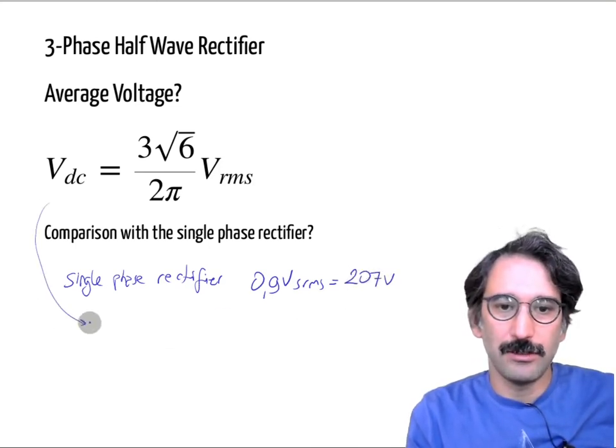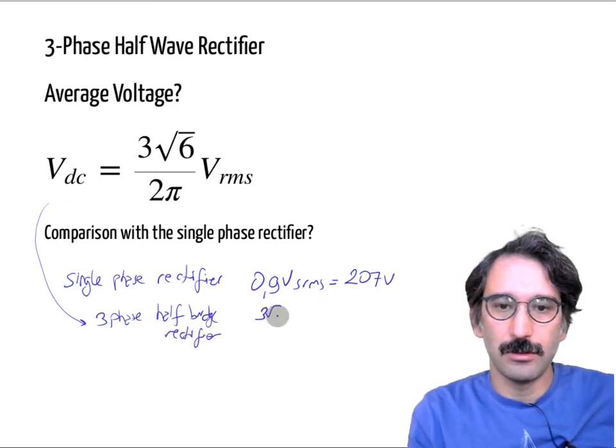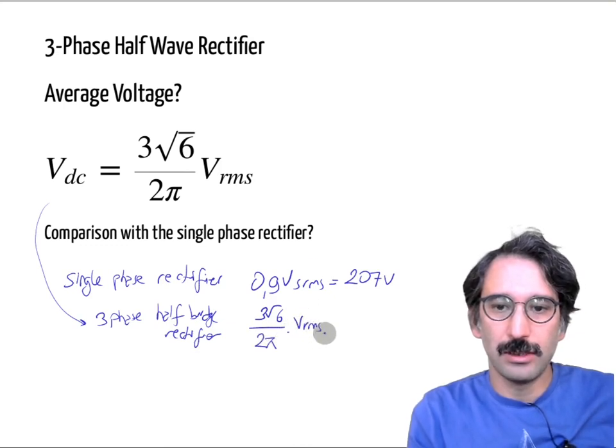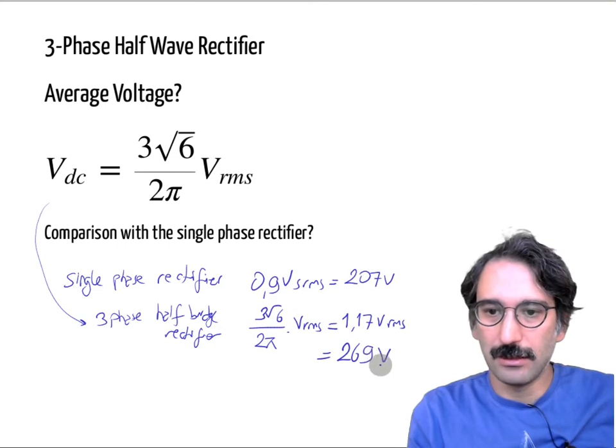And if you have a 3 phase half wave rectifier, this is 3 square root 6 divided by 2π times VRMS, or it is equal to 1.17 VRMS, and that is equal to 269 volts.